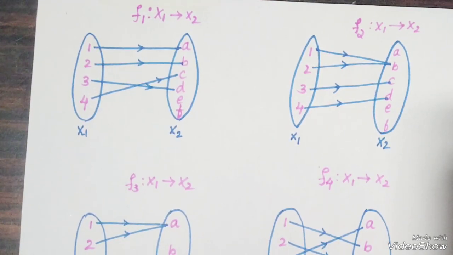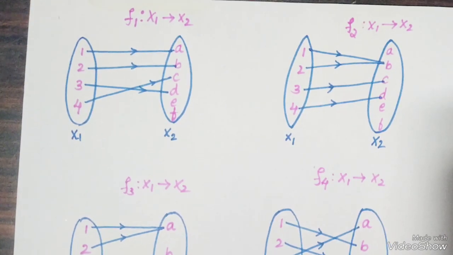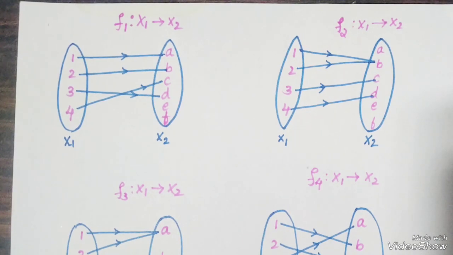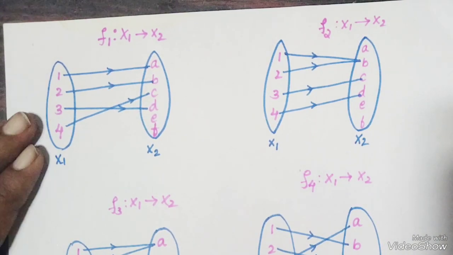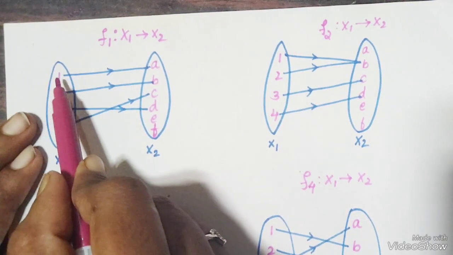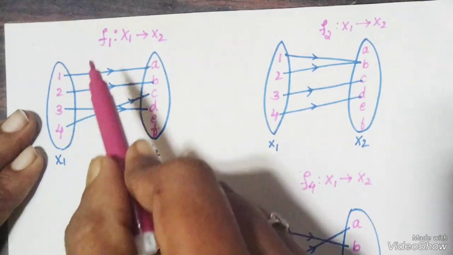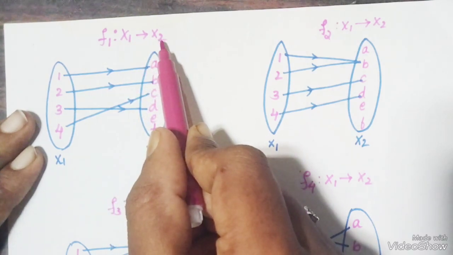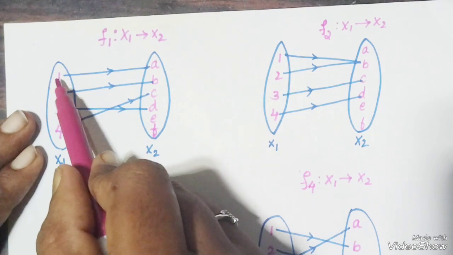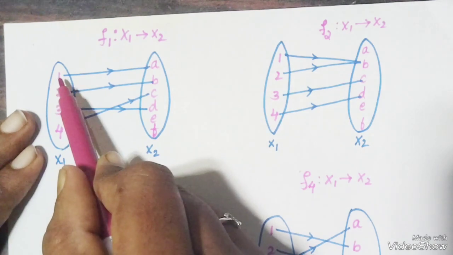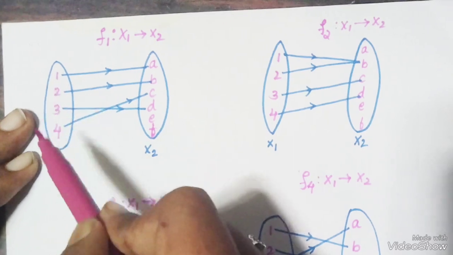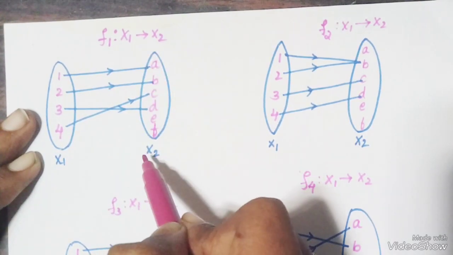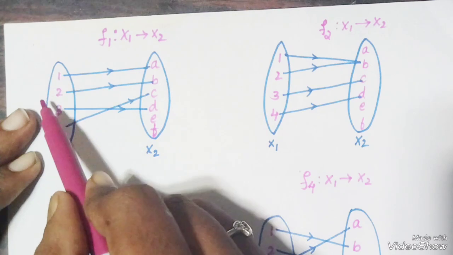Now consider the function f1. Is f1 onto, one-one or many-one? We will check now. A function exists from X1 to X2. Here X1 is the domain and X2 is the codomain.